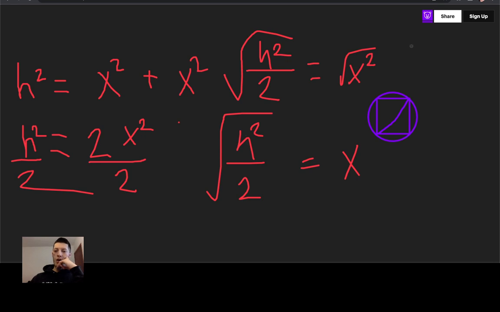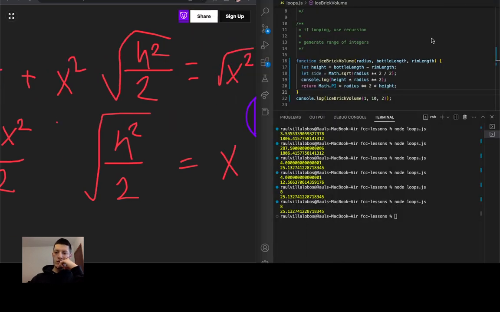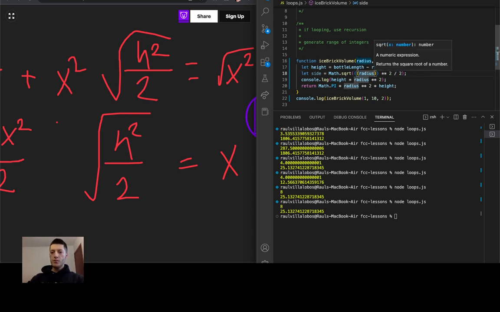So to get the hypotenuse, it's radius times 2, then that squared.